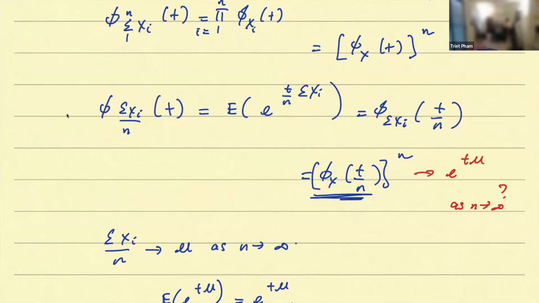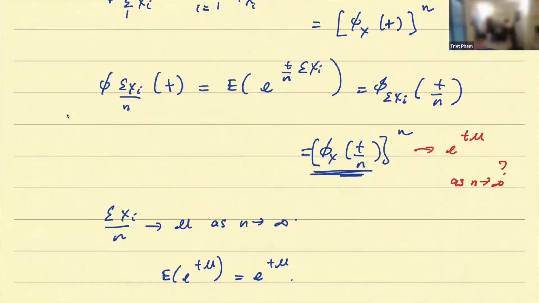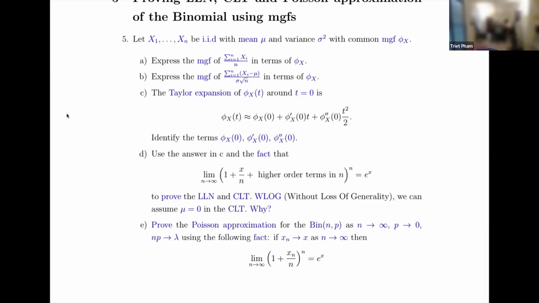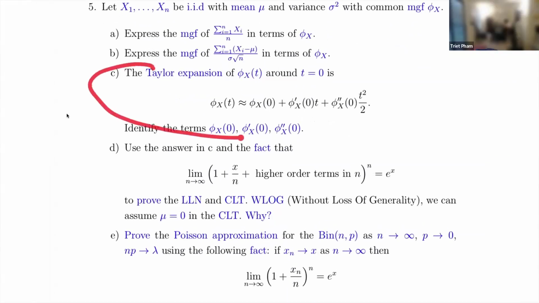Now, how can we do so? We do so in part C here, by analyzing the moment generating function into its Taylor expansion structure.